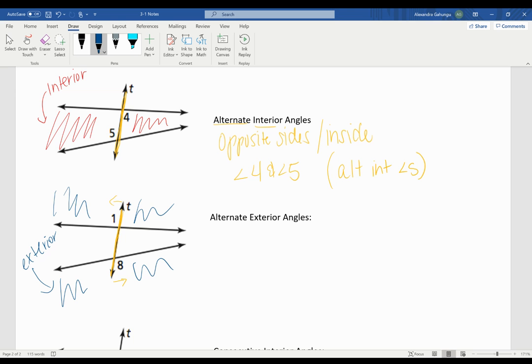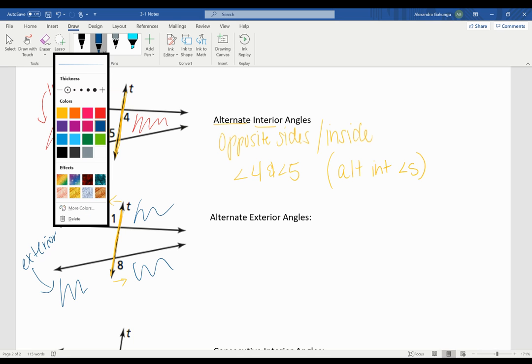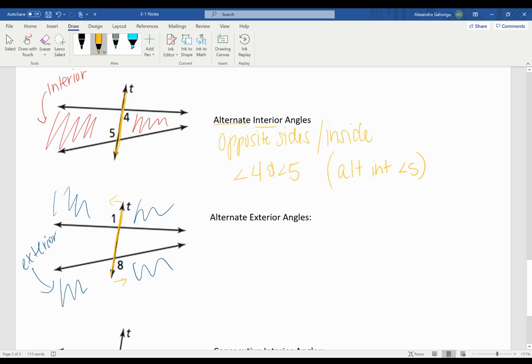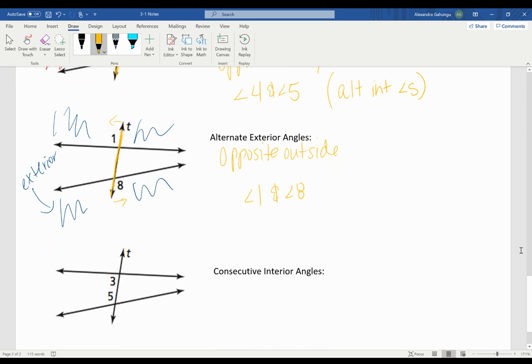So on opposite sides and the outside. So that's what we're going to say about them. Opposite outside. So angle 1 and angle 8 are our alternate exterior angles.